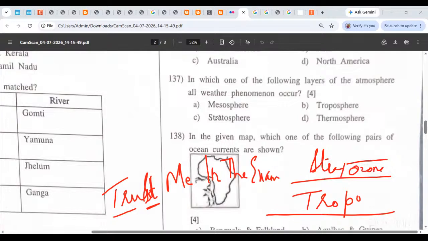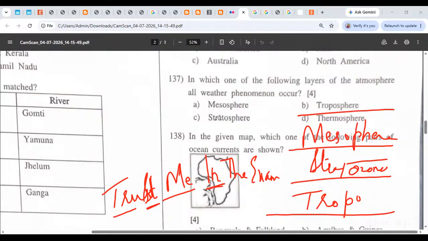Then above the stratosphere lies the ME as in mesosphere, which is the middle layer. Above that lies the thermosphere. Ideally the lower layer of the thermosphere is famously known as the ionosphere. And above the thermosphere you have the exosphere. So these are the various layers from the surface to the top.